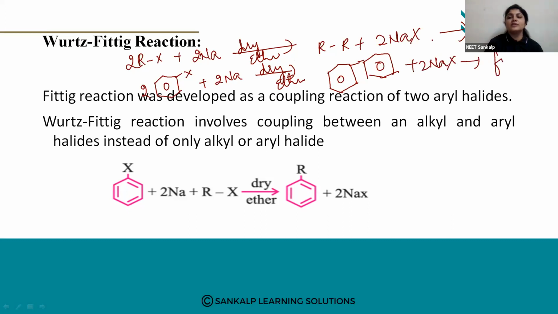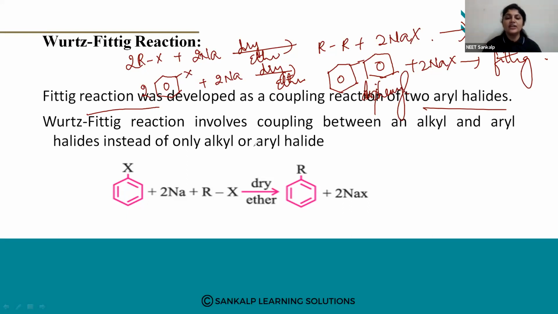So this is Fittig. The Fittig reaction was developed as a coupling reaction of two aryl halides. So you take two aryl halides and heat them with sodium in the presence of dry ether, and you get biphenyl or diphenyl plus 2NaX. So this is the Fittig reaction.